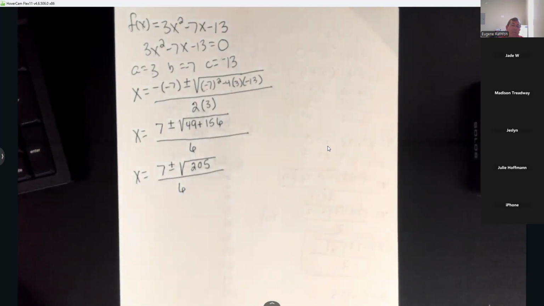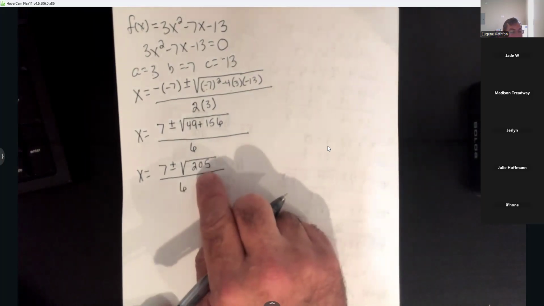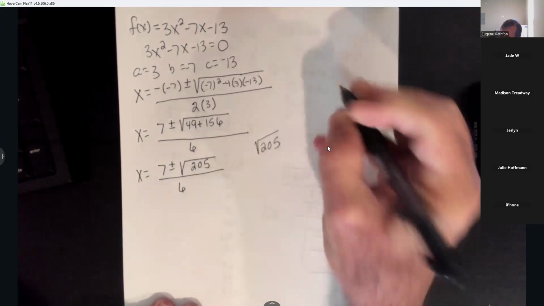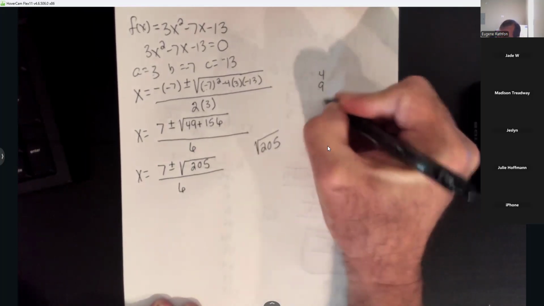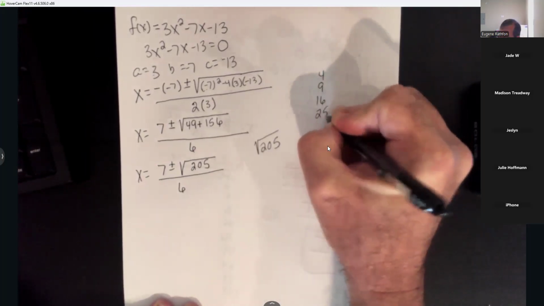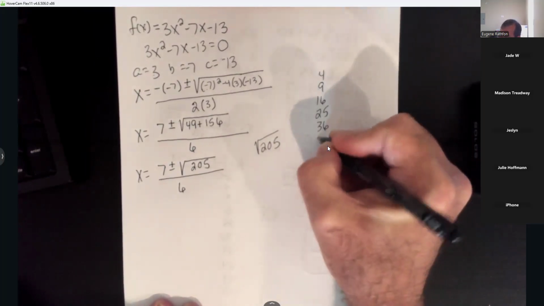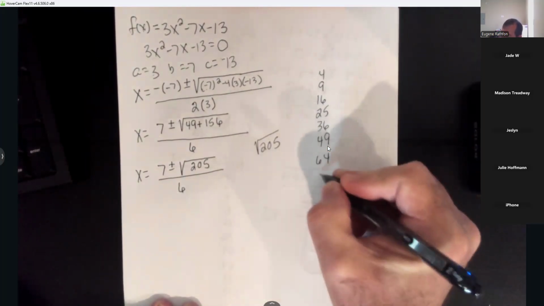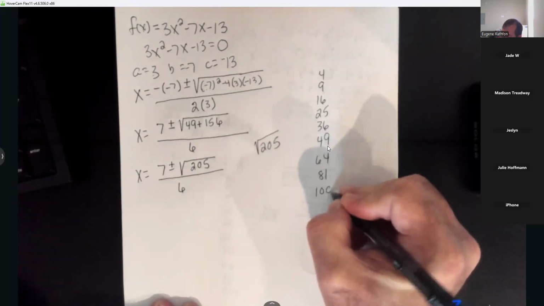All righty, so it looks like we're at the point now where we got to see if we can simplify that square root of 205. So remember, I'm looking at 4, 9, 16, 25, 36, 49, 81.